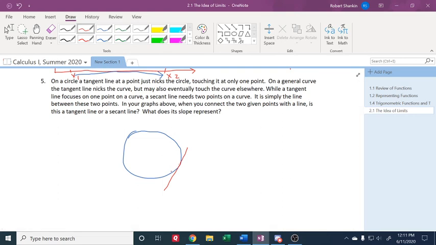All right, now the tangent line on a circle also represents something. Does anybody ever remember doing something like this? You could take a string and tie a rock onto the end of the string.